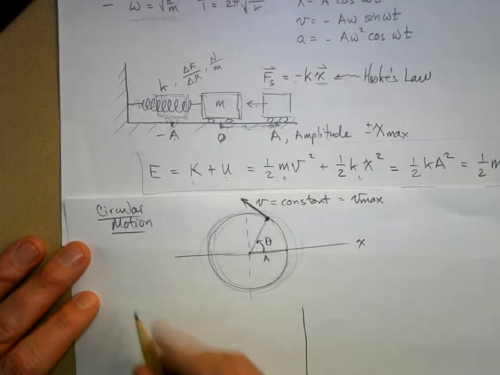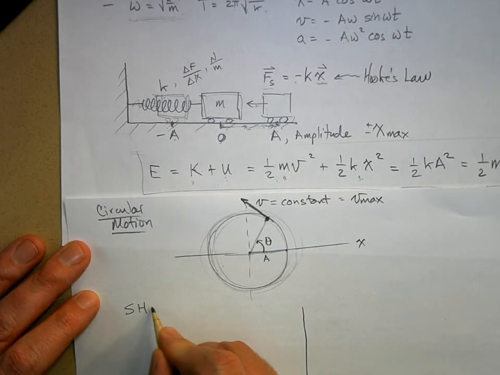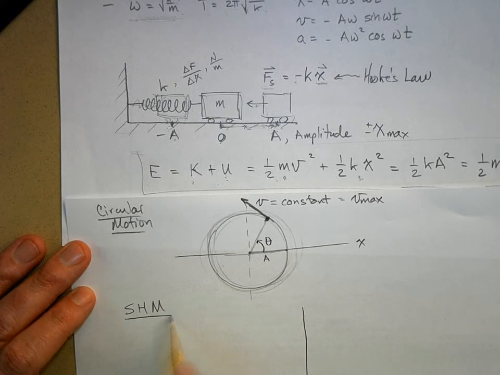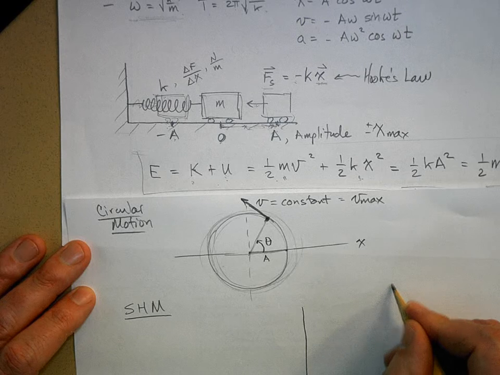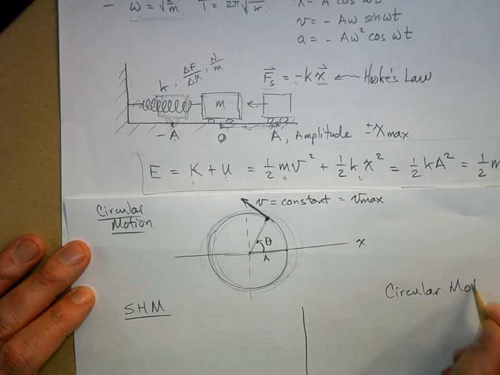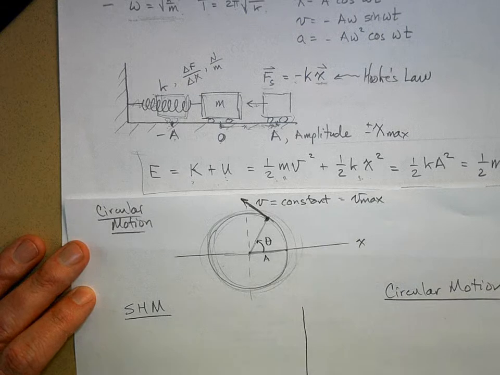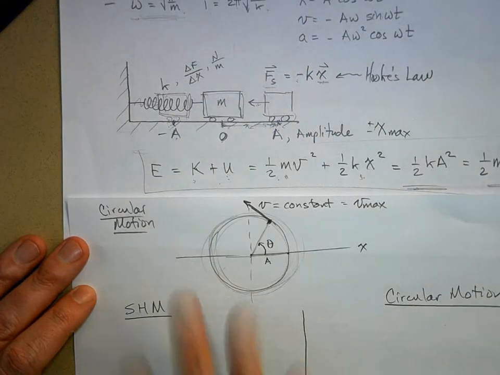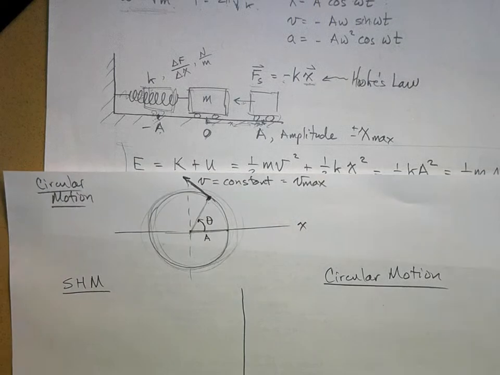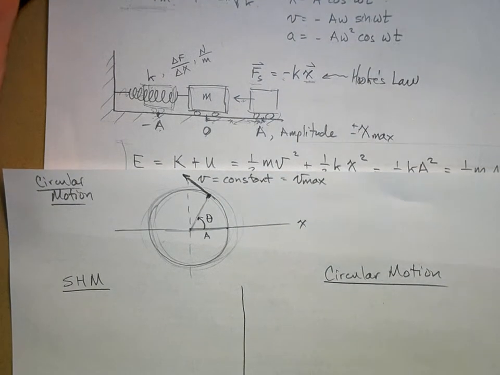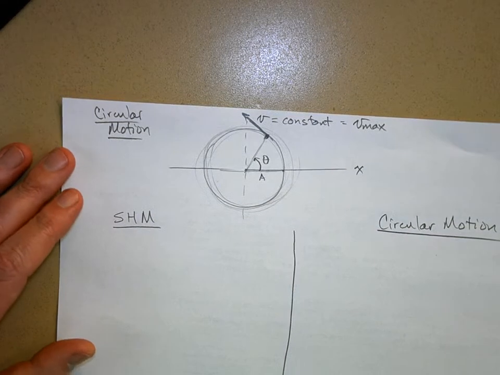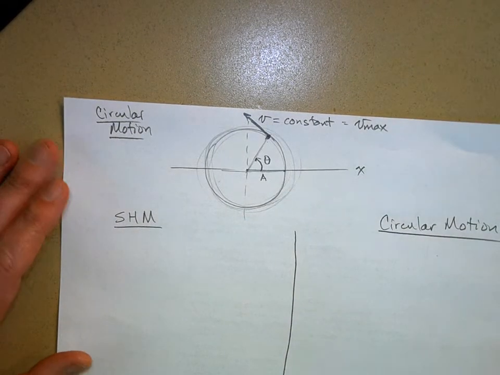This is going to be my simple harmonic motion oscillator, and this is going to be my circular motion. I'm going to treat these as completely different things, but we're going to end up with the same result. And what that means is that they are mathematically equivalent to each other. So let's get started on the simple harmonic oscillator.